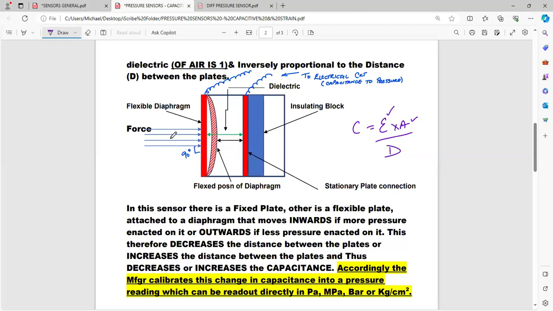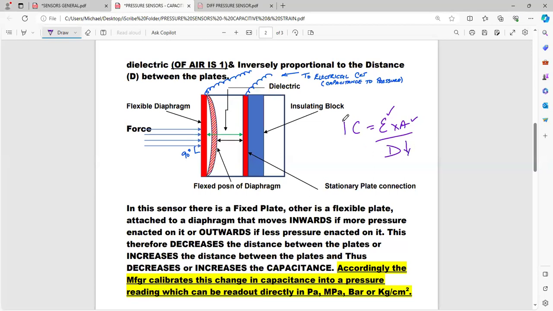But if force or pressure is acted, then this diaphragm will be depressed inwards. And thus, this is the, let's say, the deformed position. It's gone in by so much depending on how much the force or pressure is acting on it. And therefore, the distance between this plate and the fixed plate has decreased as compared to the earlier distance.